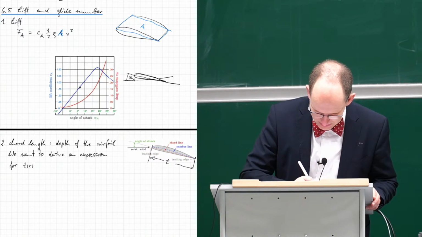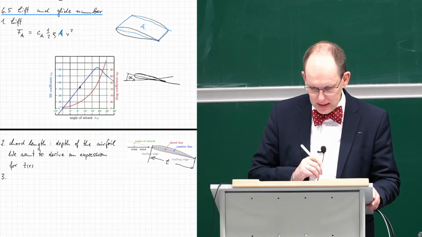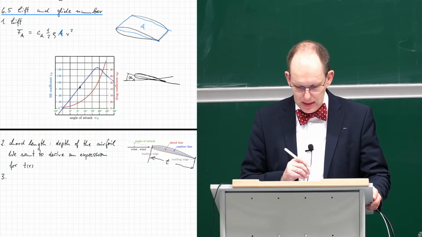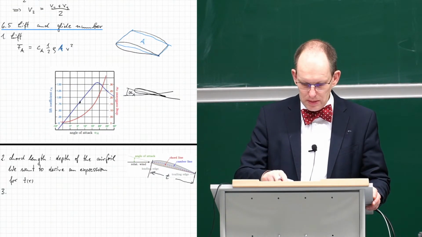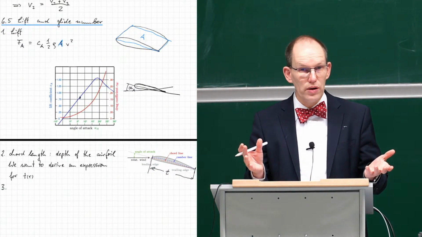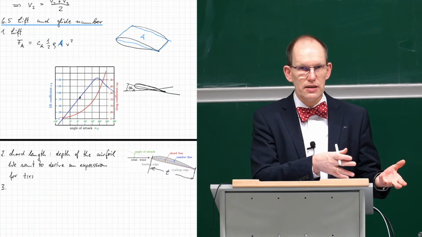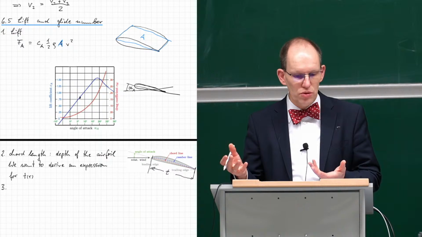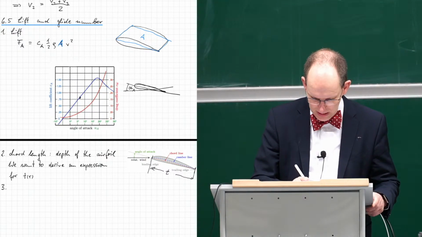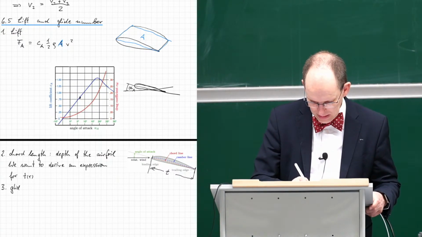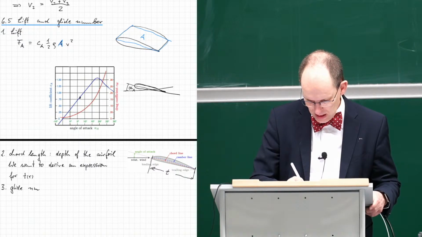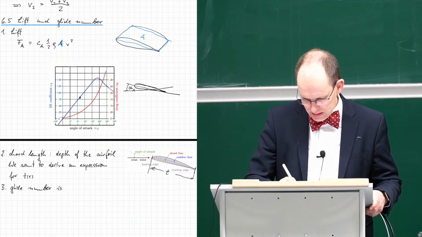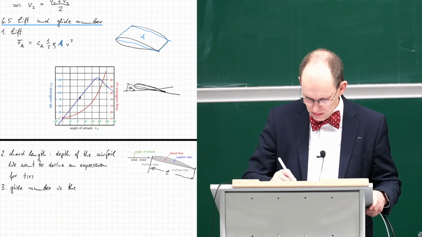And the other thing that we need is the so-called glide number. What you remember is that we introduced two coefficients, namely the lift coefficient and the drag coefficient, and the glide number is just the ratio between both. I think I call it epsilon.